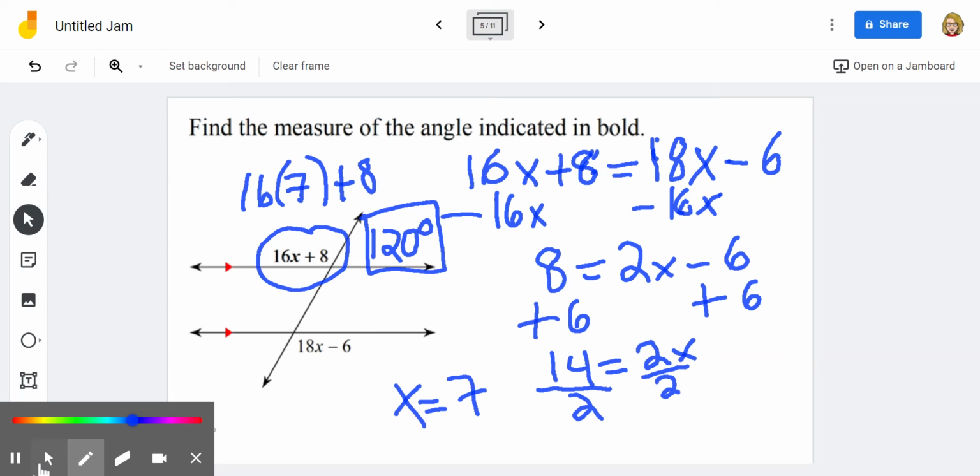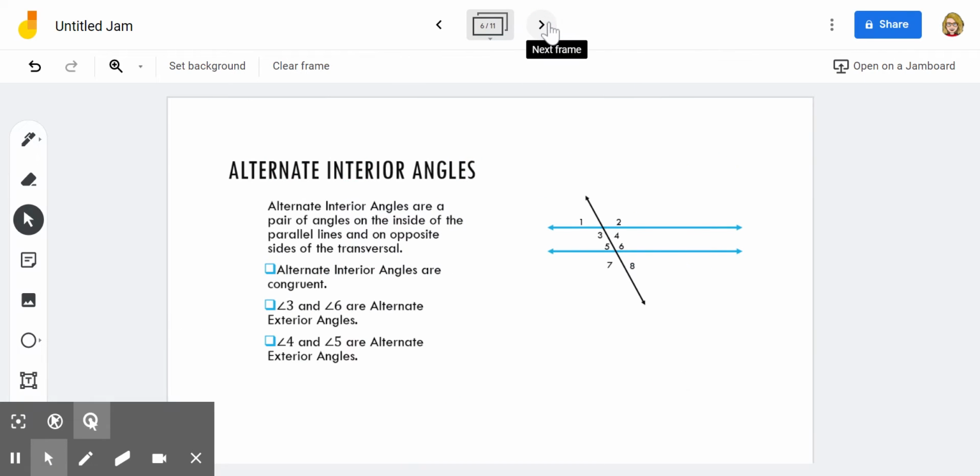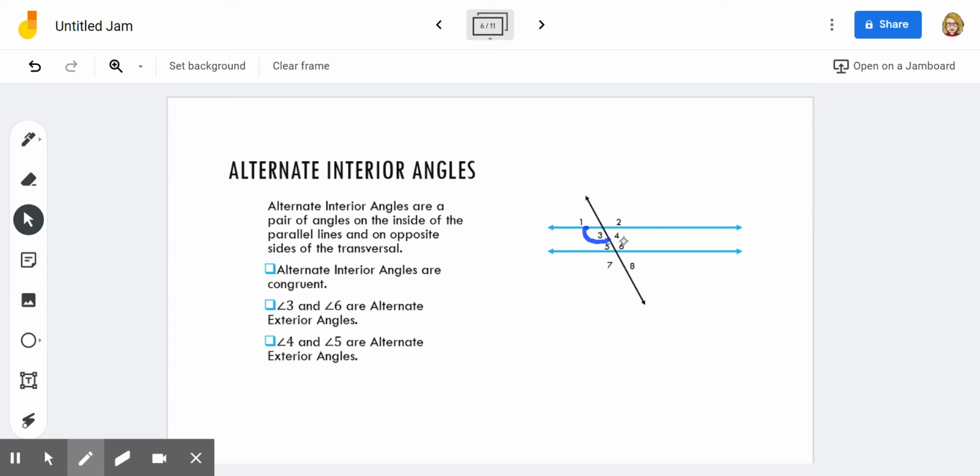All right, let's move on to the next type of angle. Alternate interior angles are a pair of angles on the inside of the parallel lines and on opposite sides of the transversal. Alternate interior angles are congruent. Our first example is 3 and 6.